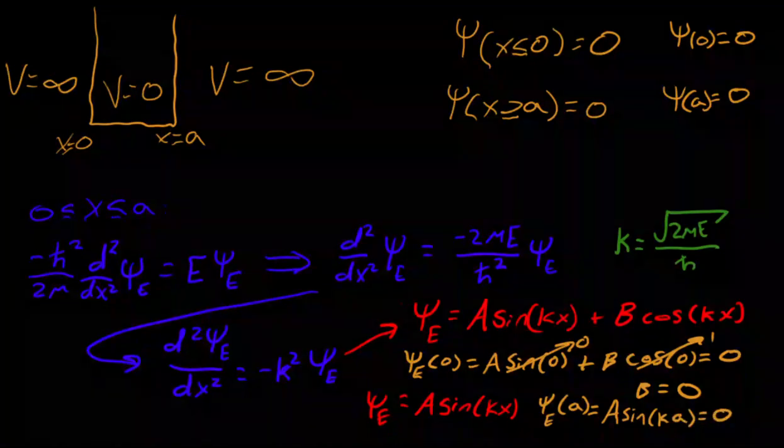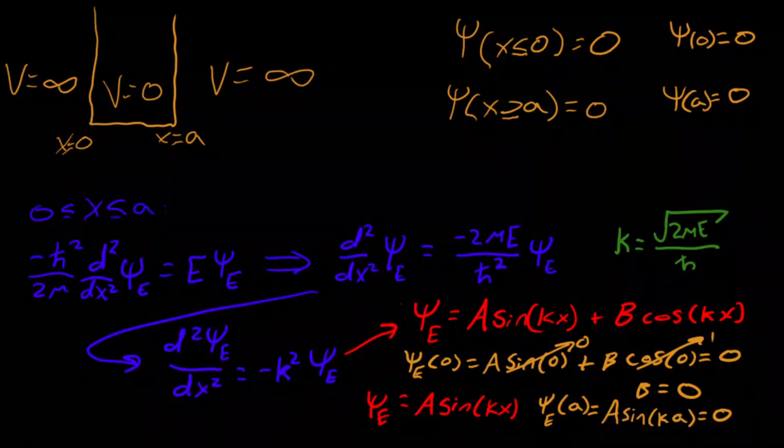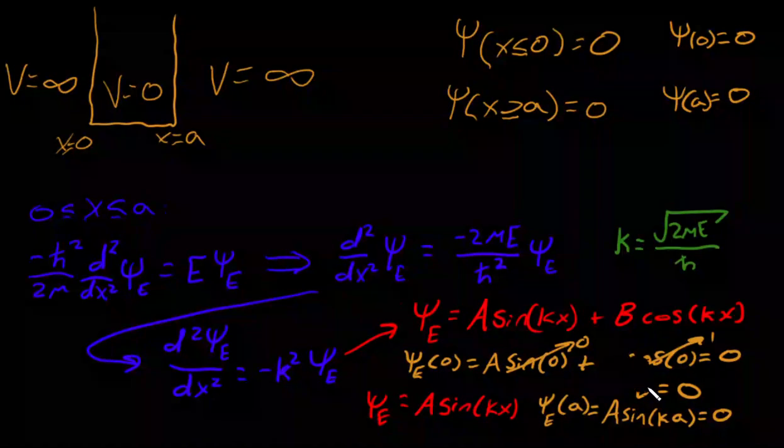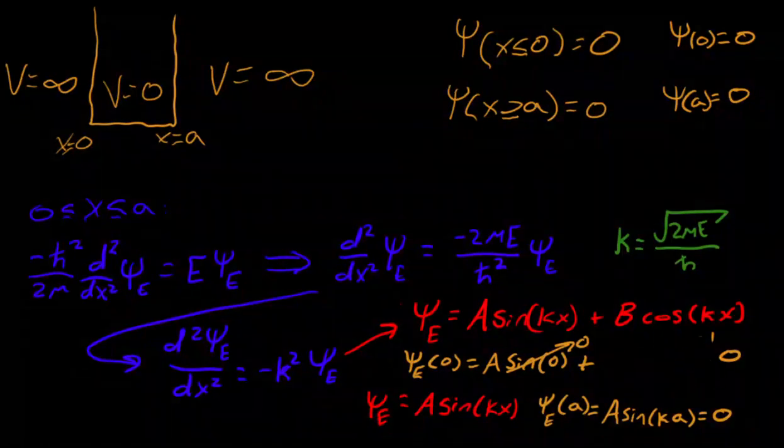Now, I'm going to erase this stuff that we worked up out here. Make sure you have the stuff written down about how we used the boundary condition so we knew that this wave function had to be only a sine function, not a cosine.